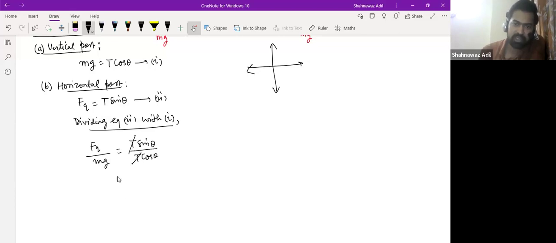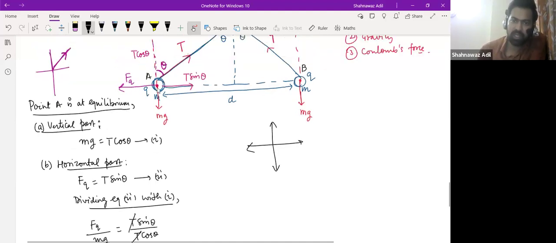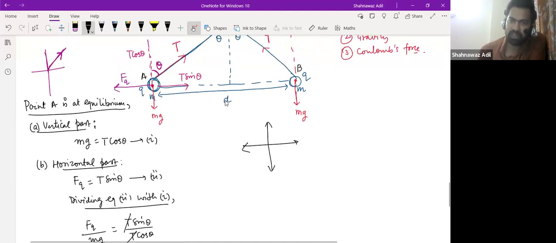So this part cancels out, and we have FQ equal to mg tan theta, right? Yes, sir. So how much is this FQ? Separation is D and charges are Q. So FQ would be KQ divided by D square.